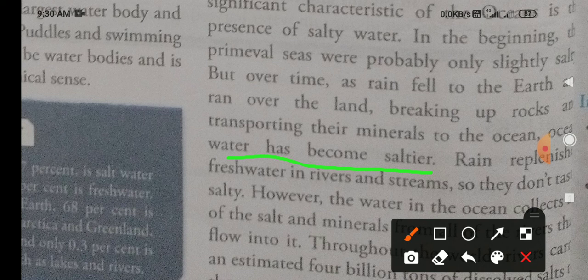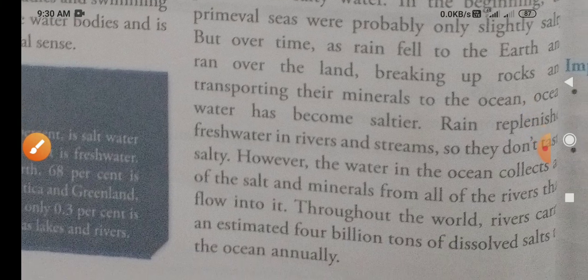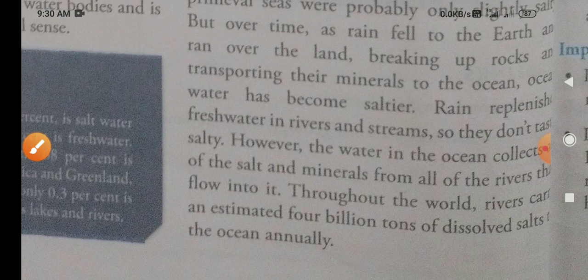Got it? Now let us see. Rain replenishes the fresh water in rivers and streams, so they do not taste salty. However, the water in the ocean collects the salt and minerals from all the rivers that flow into it. Throughout the world, rivers add an estimated 4 billion tons of dissolved salt to the ocean annually.